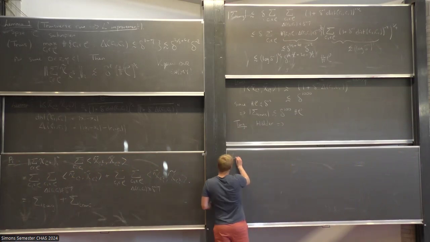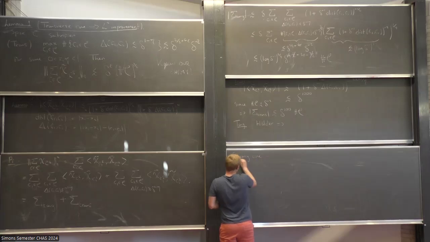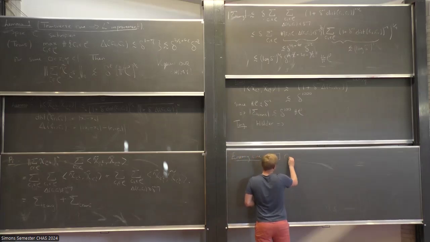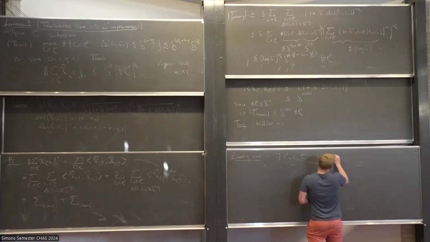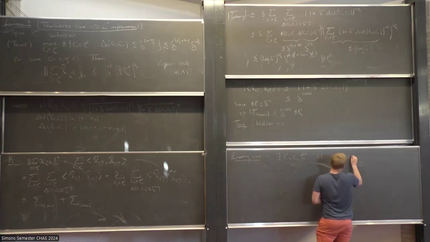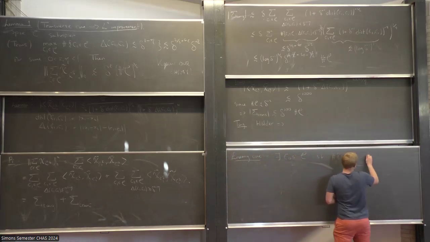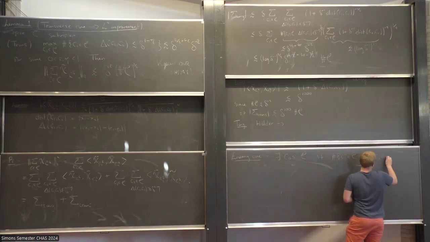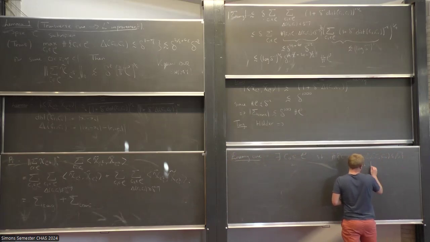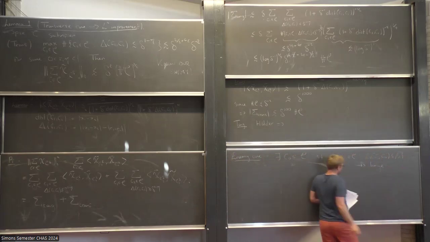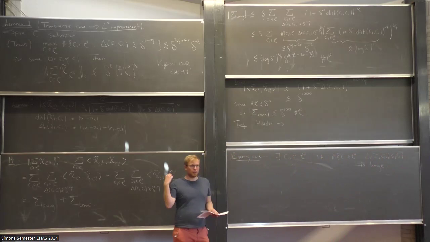So in any case, the enemy is, for instance, that there exists some fixed circle such that the number of circles in the collection which are tangent to our fixed circle beta is large. Okay, that's what this lemma isolates.